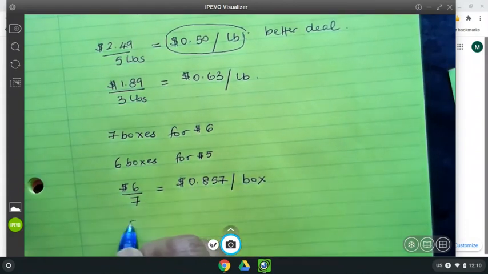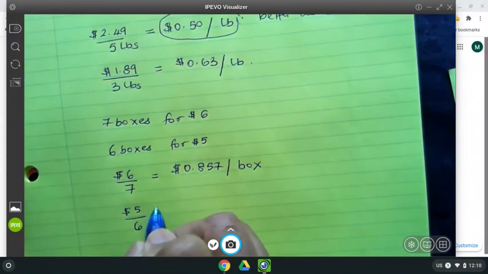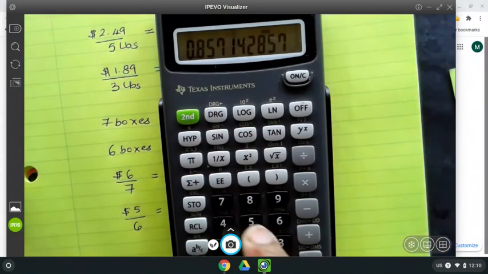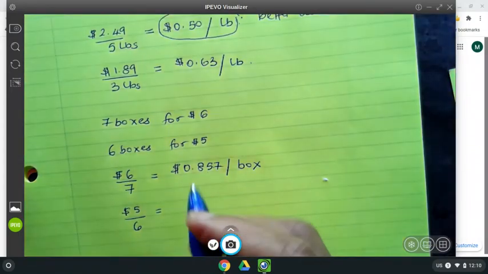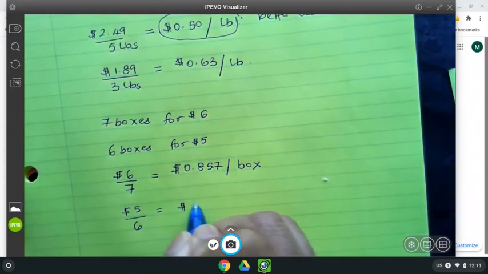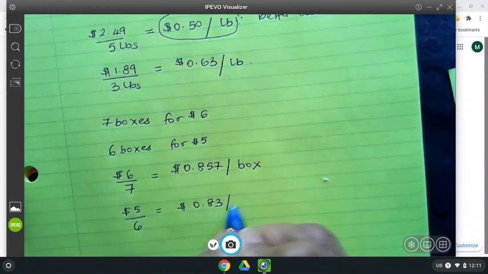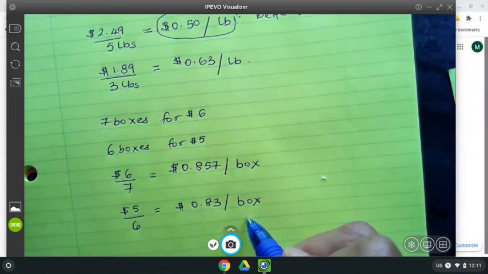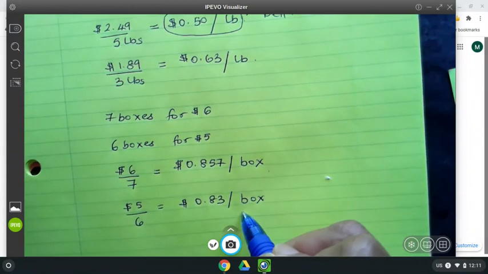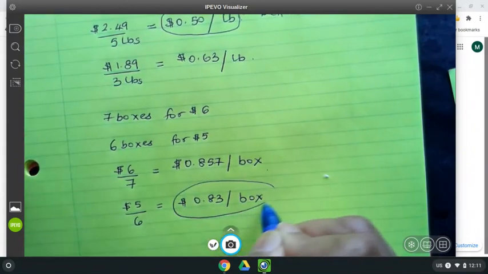For the second one, $5 for 6 boxes, if I do 5 divided by 6, it's 0.83 per box. So you could already see that this one is cheaper than this. So this is the better deal.